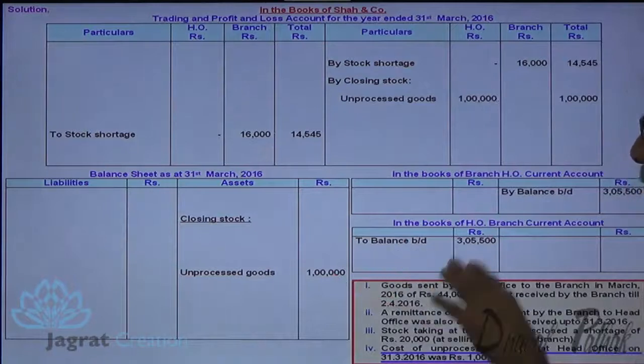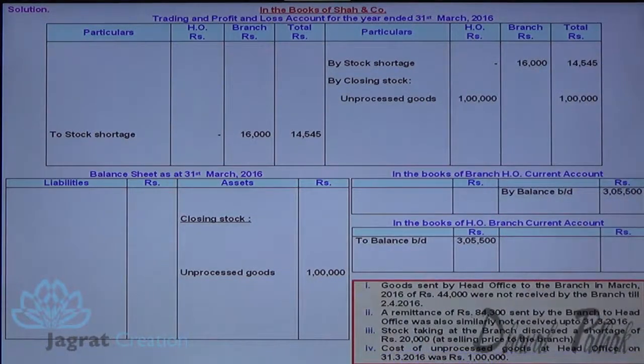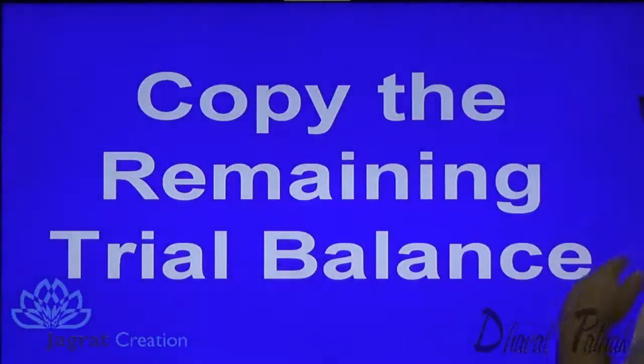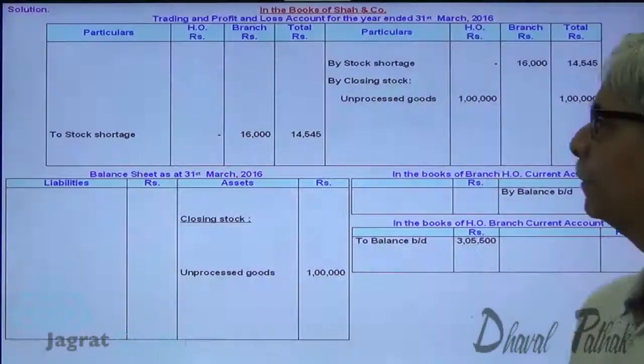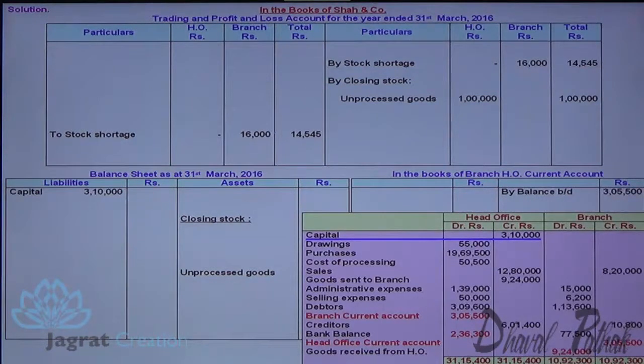Now, after completing these 4 adjustments as explained, I will start copying the trial balance. So let me bring the trial balance and copy the remaining trial balance into the sum that we have prepared. Capital will appear on the balance sheet liability side inner column. Drawings gets deducted from capital.